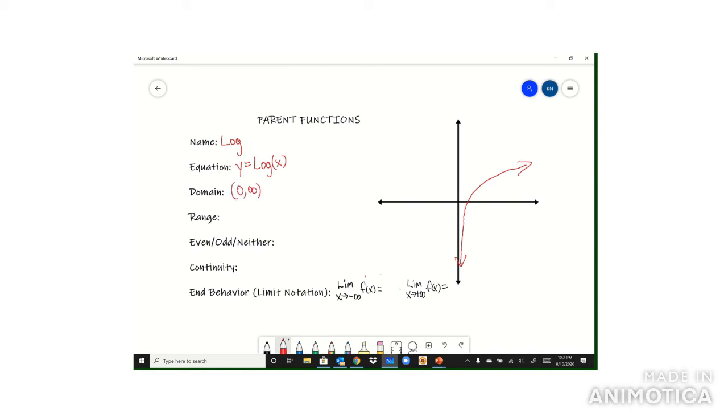So 0 to infinity for the domain. The range goes down forever, up forever, so that's all reals. They are neither even nor odd, and they are continuous.